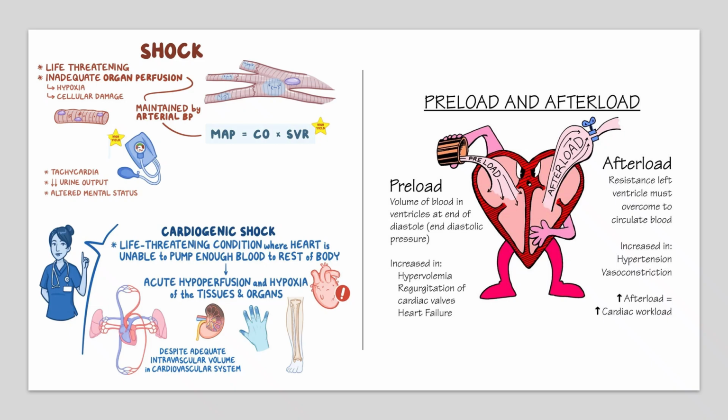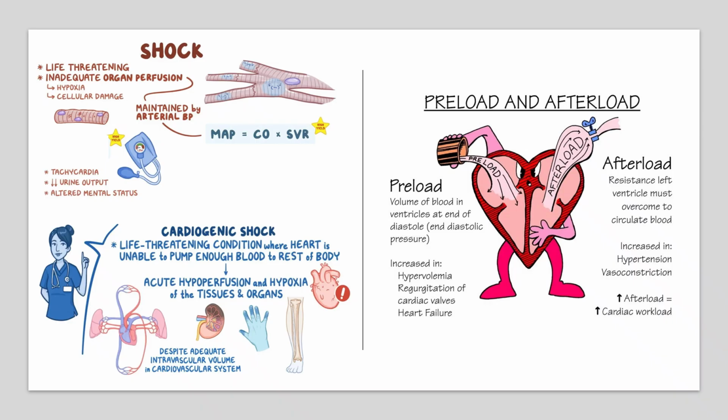So, with your cardiac output, if you increase your preload, the volume, that increases the cardiac output, right? Yes. If you increase the contractility, that is going to increase your cardiac output, right? Well, afterload is different. Afterload is making it harder for it to do its job.